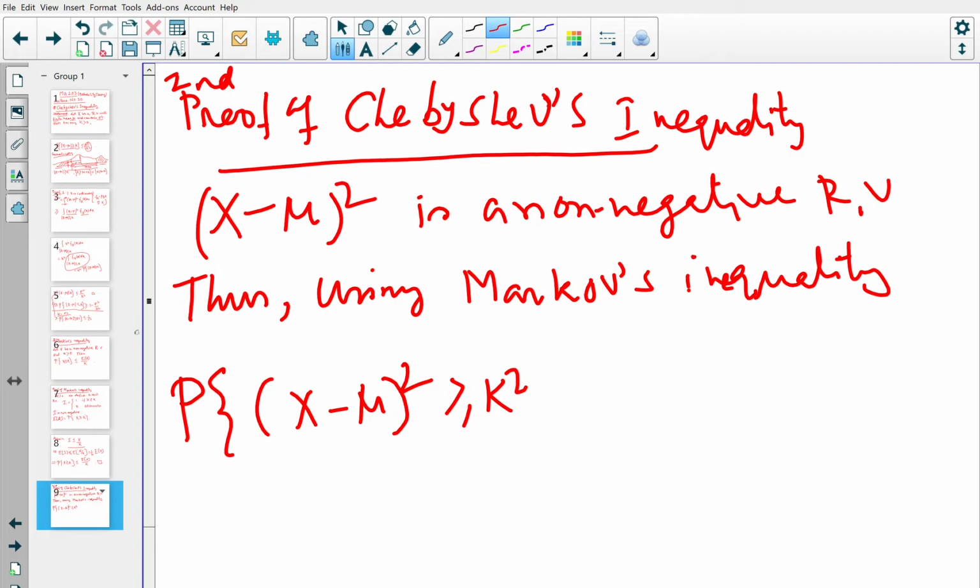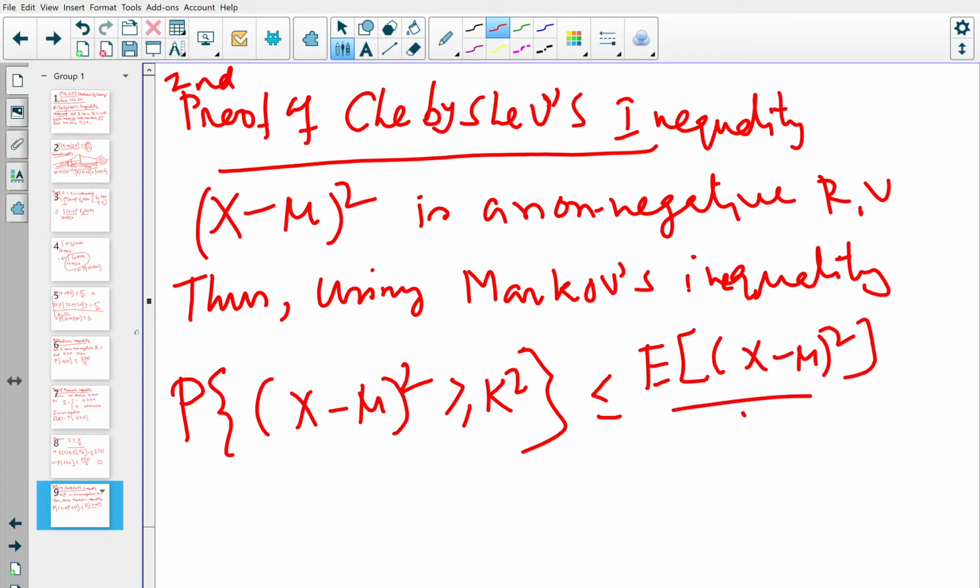This is true for any k, right? So for k square also, this quantity is bounded by expectation of x minus mu whole square by k square, right? This is what Markov inequality tells me.